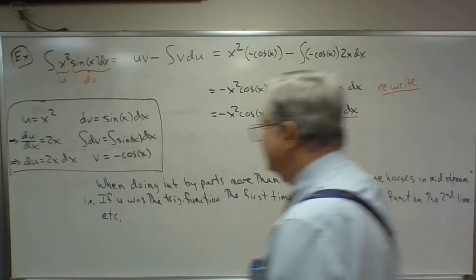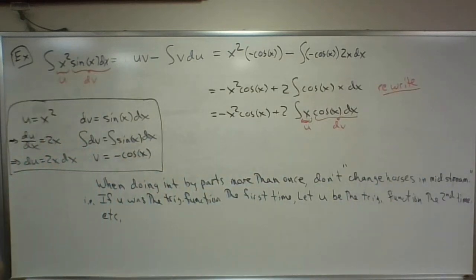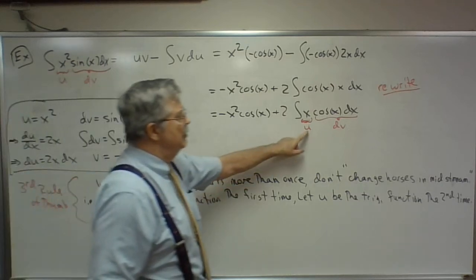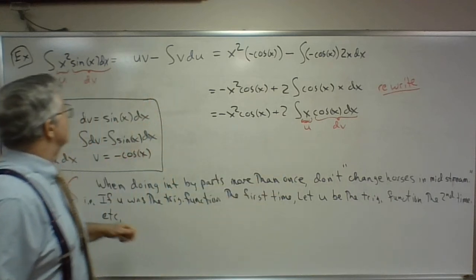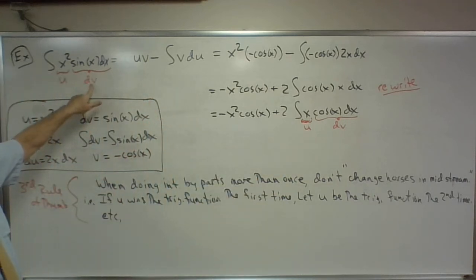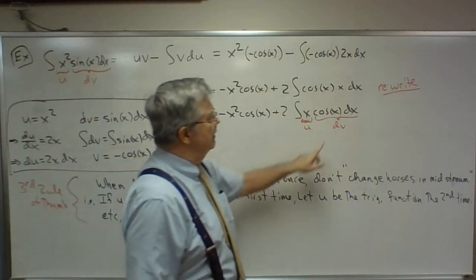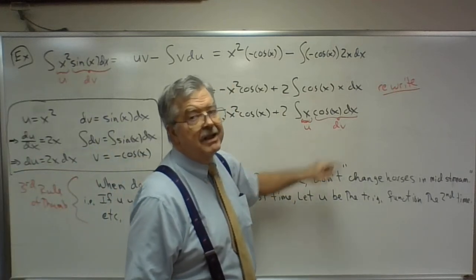So this is the third rule of thumb. If we do integration by parts more than once, maintain our conventions. If u was the monomial the first time, let u be the monomial the second time. If the trig function was dv the first time, let the trig function be dv the second time.